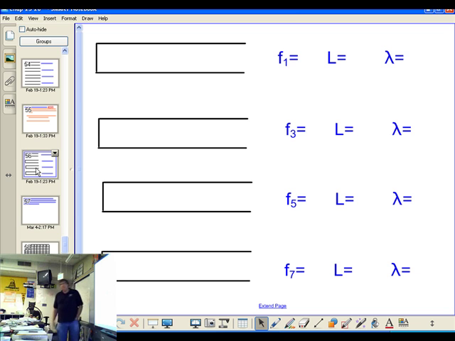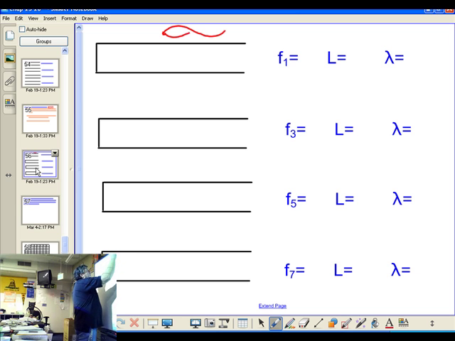All right, so now let's keep in mind. Guys, focus. Remember, one wave is 2 antinodes. But the first one that forms up, we have a node and one antinode.